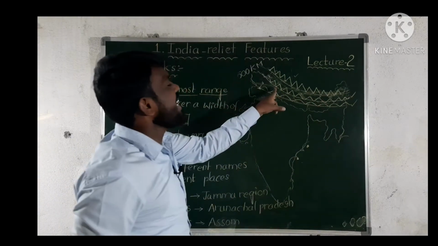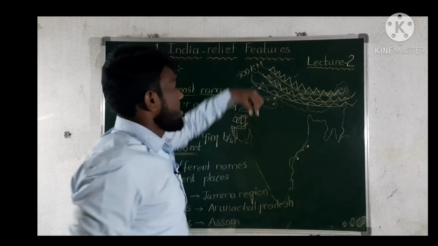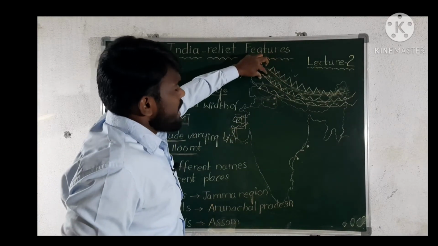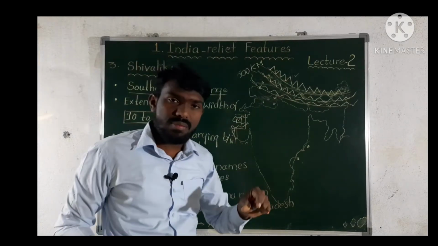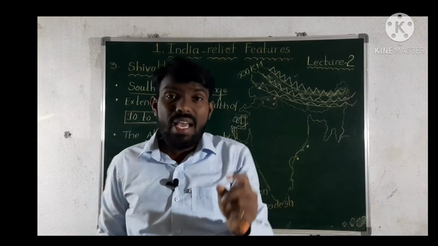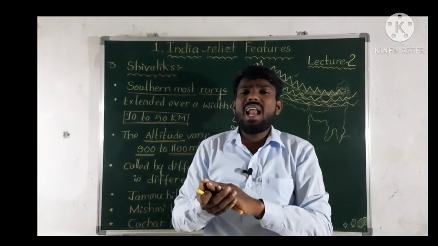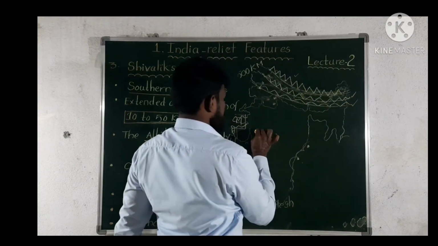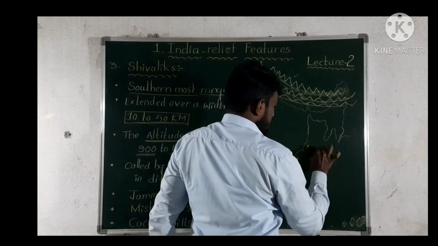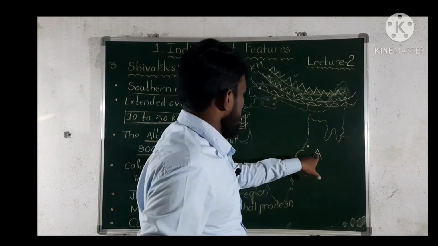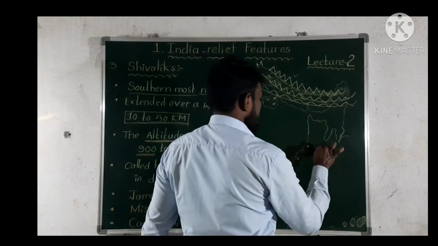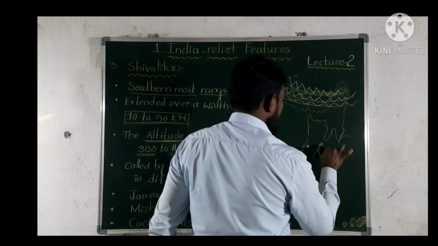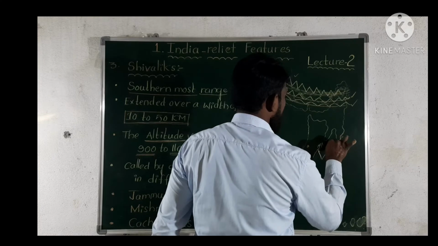Now, the valleys lying between the Lesser Himalayas and Shivaliks. For example, this is the Lesser Himalayan range and this is the Shivalik range.